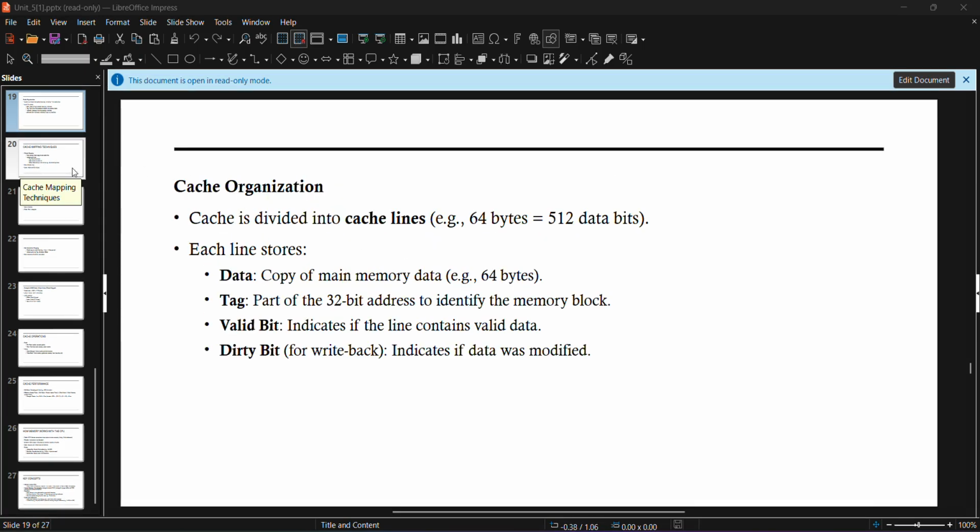I'm here to explain caching techniques and how they work in the CPU or with the CPU. So first of all, we need to know what caching techniques are or what they do.